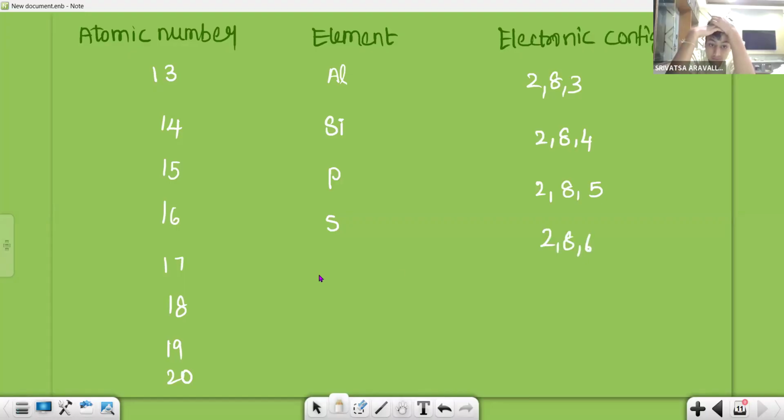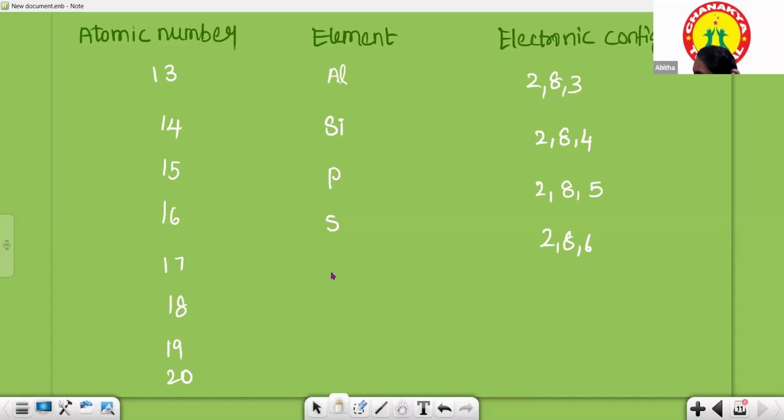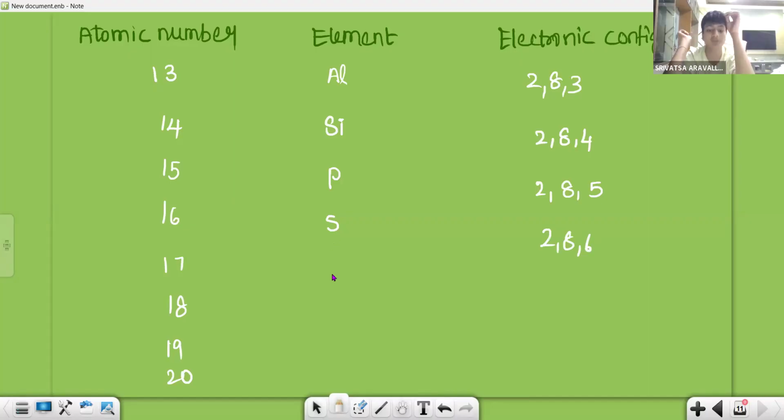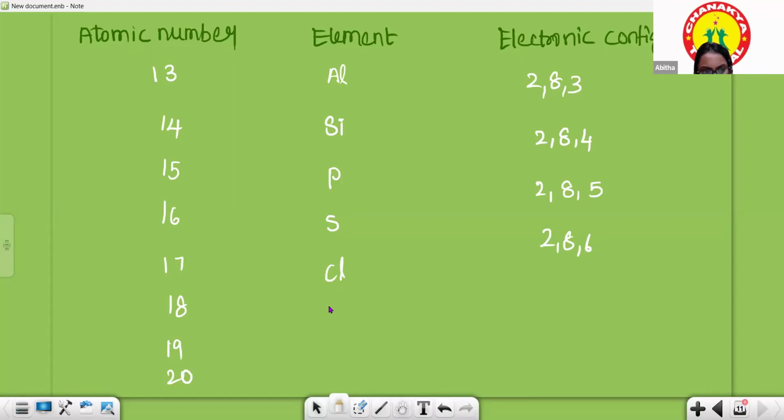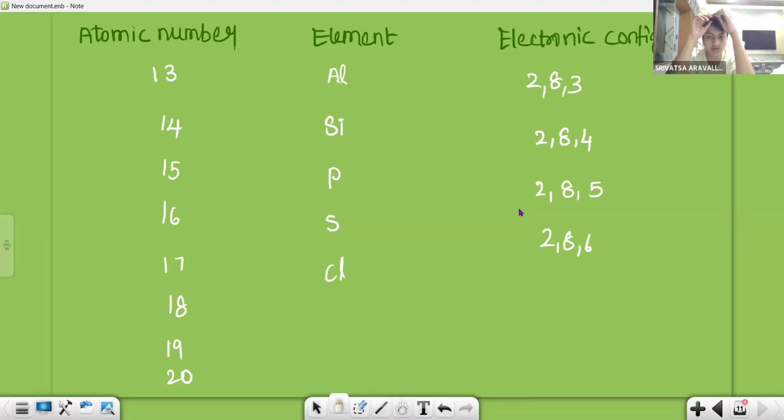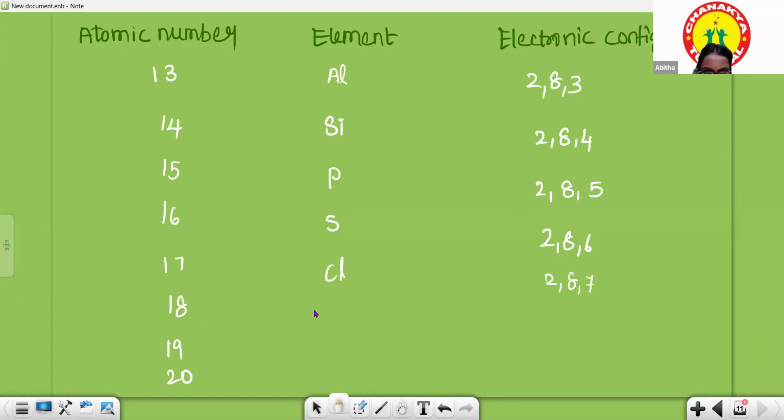So 17 is chlorine, Cl. Electronic configuration: 2, 8, 7. Very good.